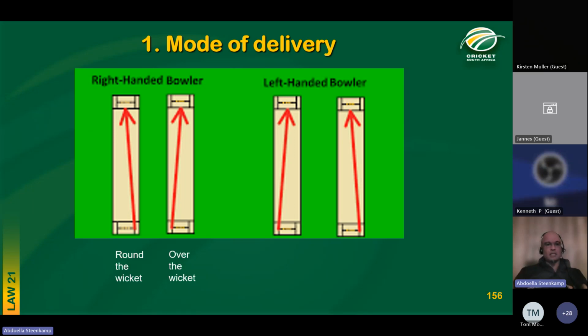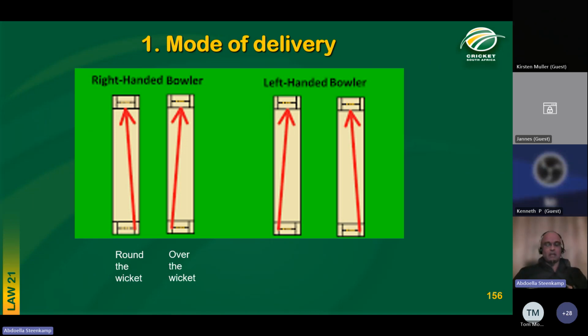So just visualize the two pictures on the left-hand side. It's a right-handed bowler. In the first picture, if you look at where the ball is in the right hand, and the bowler comes from this side, the right hand will be further away from the stumps. His or her left hand will be closer to the stumps.